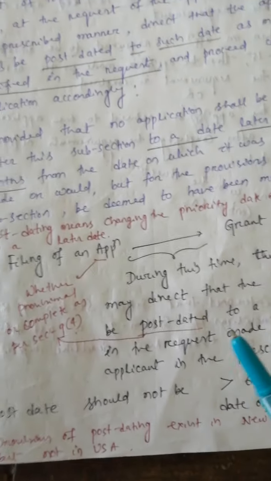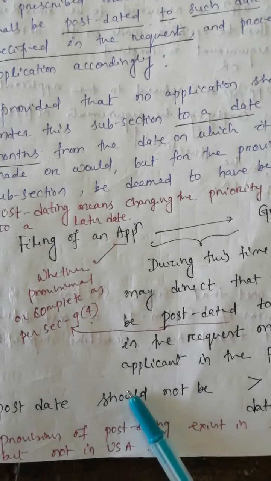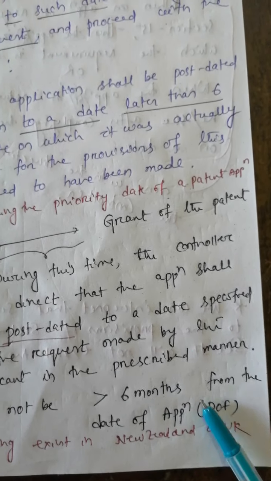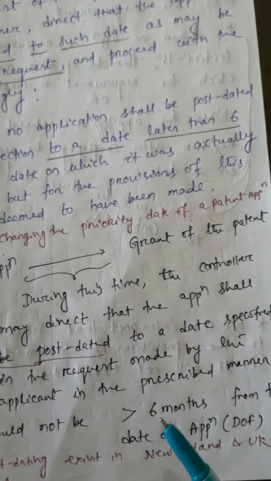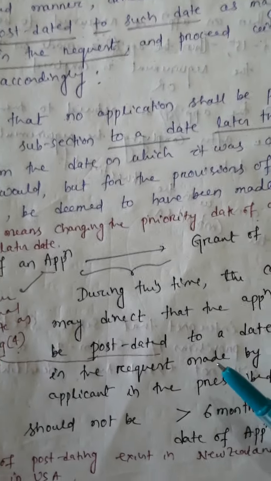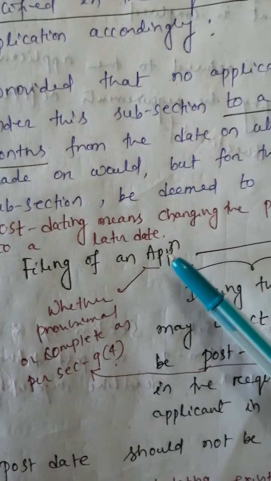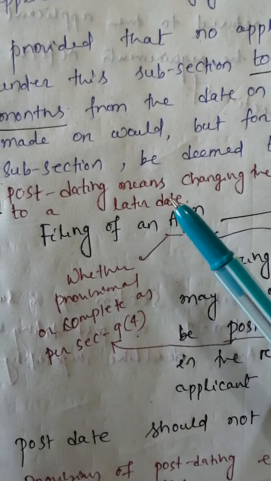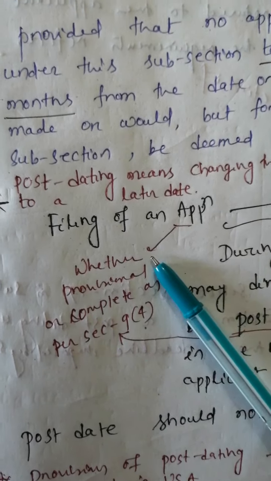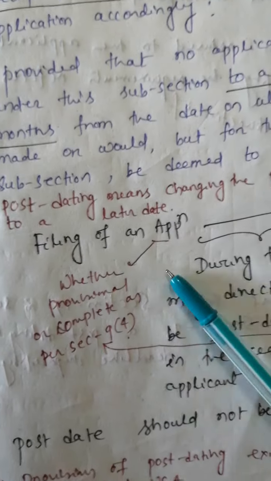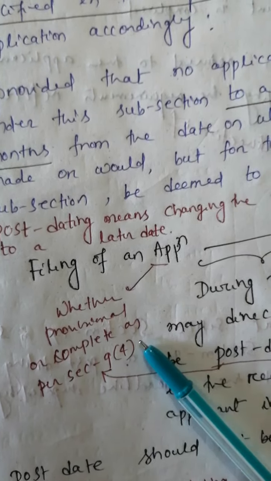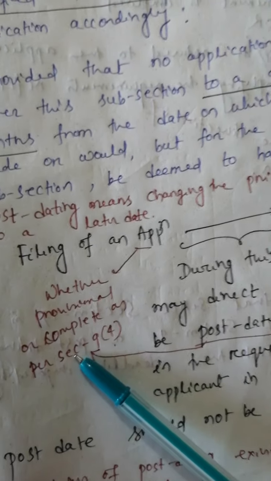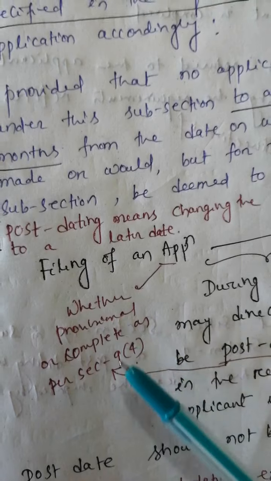That means we can say that post date should not be greater than 6 months from the date of application or DOF. That means maximum time should be 6 months. Also, this application is whether provisional or complete, and this is according to Section 9 subsection 4. So, this post dating thing is mentioned in Section 9 subsection 4.